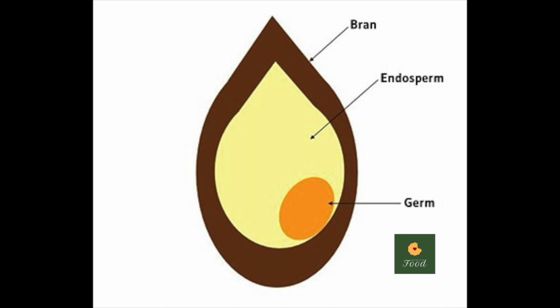So bran and germ are considered the most nutrient-rich parts of our wheat seed, and the endosperm is not that healthy.